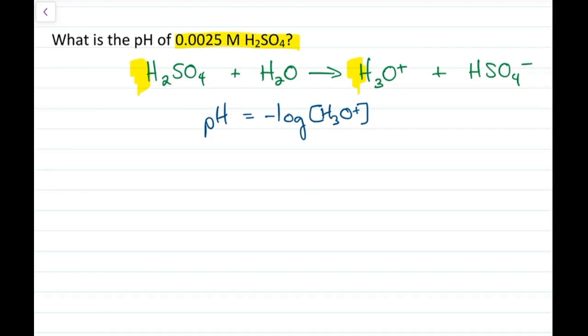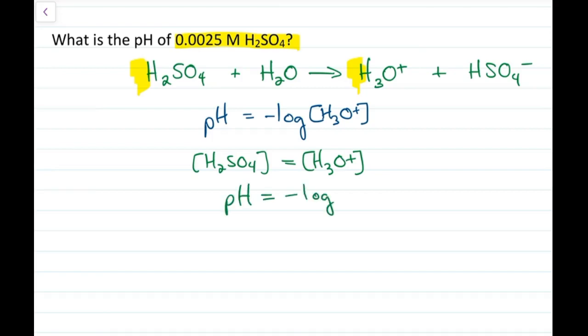So what that means is, we could do the stoichiometry, but really all we're saying is the concentration of H2SO4 is equal to the concentration of hydronium. And again, that can only be said because H2SO4 is a strong acid. Okay? So therefore, if I want to know the pH, I can just take the negative log of 0.0025 to get my pH.